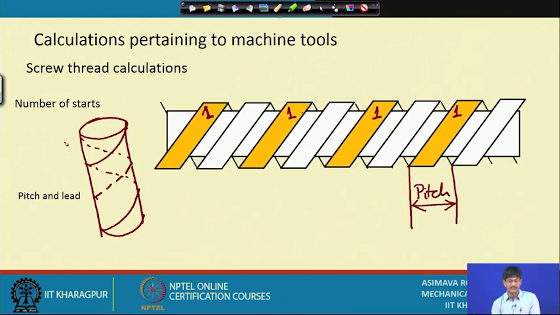So, parallel helices, just like you have two parallel spiral stairways. What purpose does it serve? In this case, if you have 3 helices or 4 helices, or 5 helices, it is called multi-start threads.